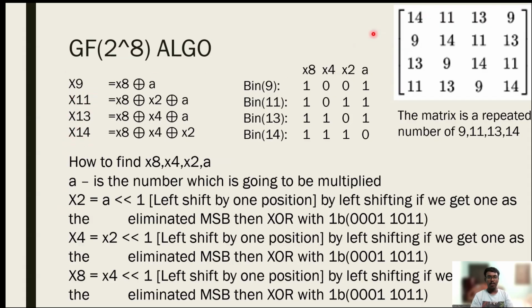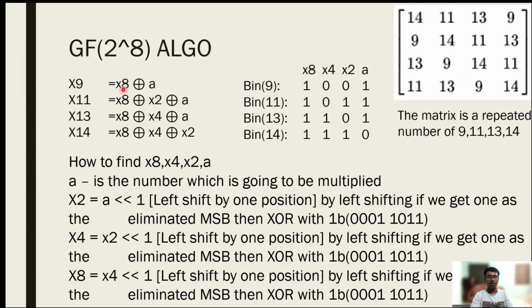As you can see, if you multiply 99, all these columns have these combinations, but in different ways. If 99 is multiplied by 9, we take the x8 output we got earlier and XOR it with the original one.